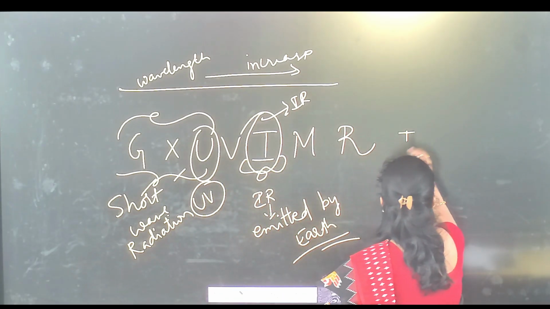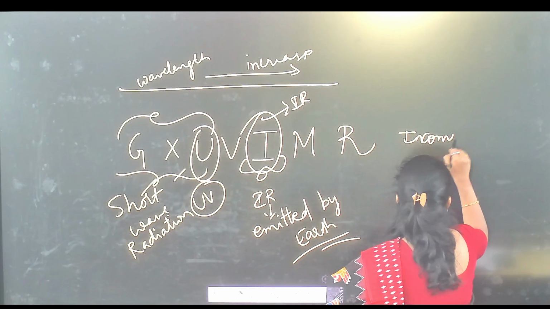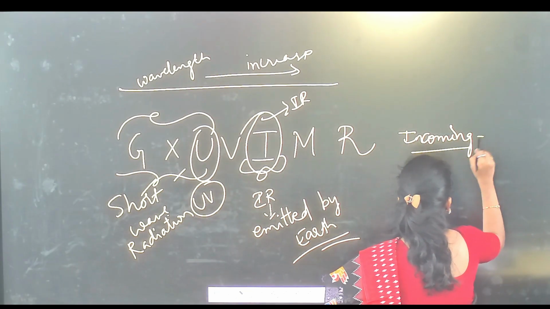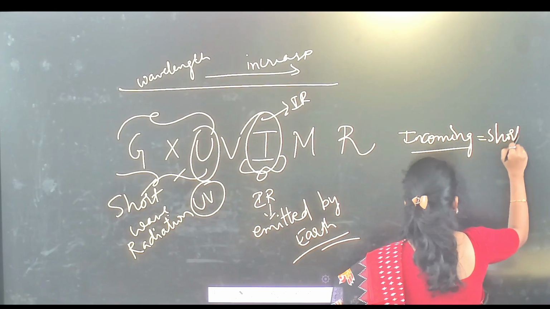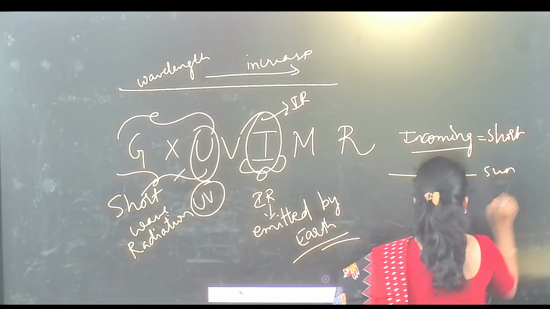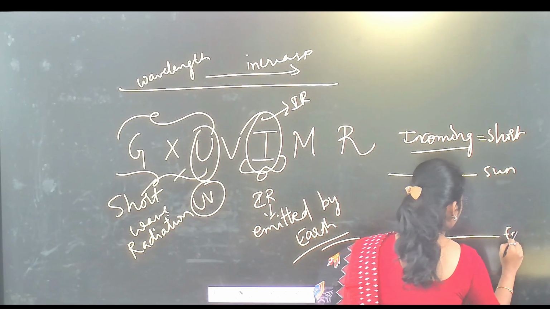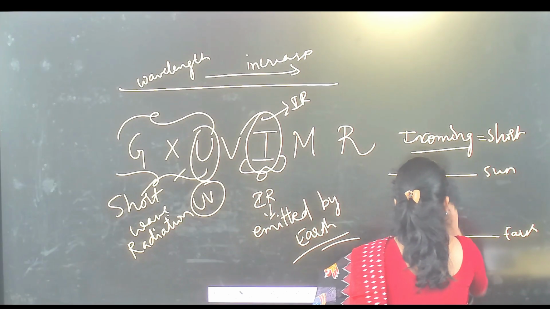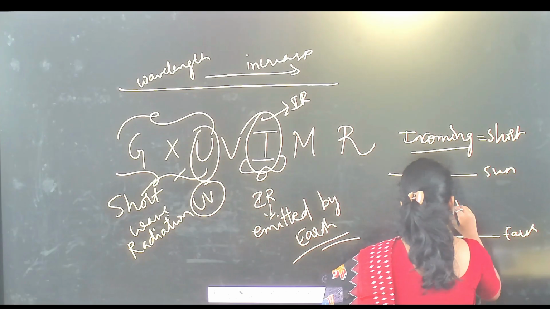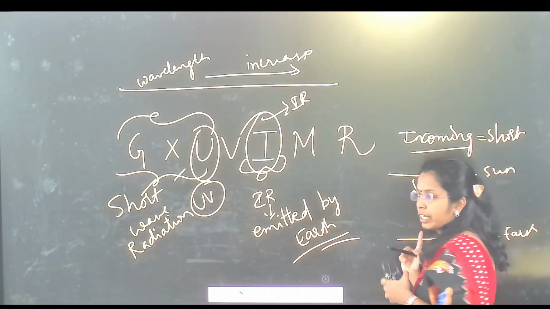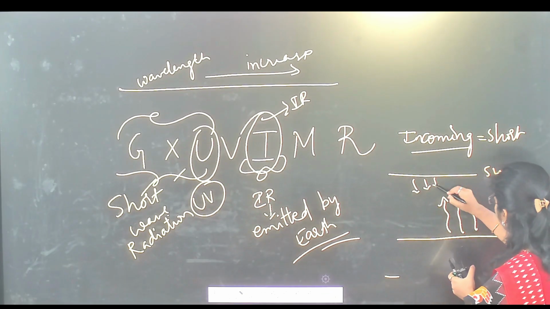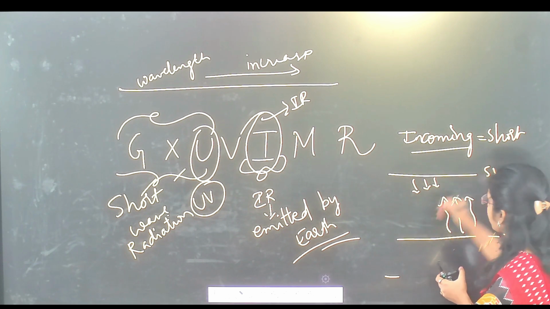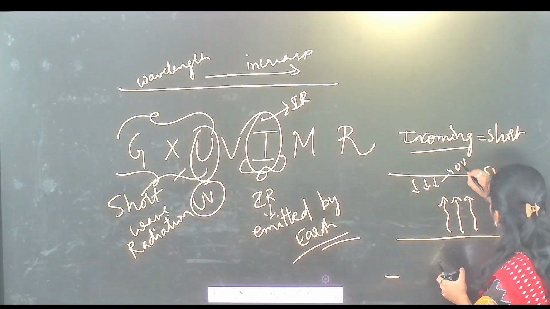Incoming solar radiation, short wave. This is sun, this is earth. Short wave here, long wave here. Outgoing terrestrial radiation is long wave, mostly infrared; incoming solar radiation is short wave, mostly UV.